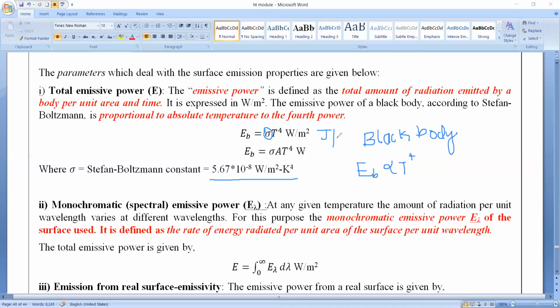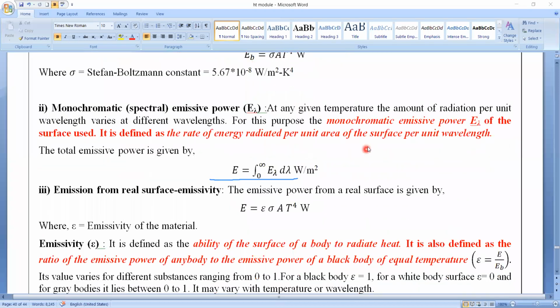Joules. Per unit area, that is meter square, and per unit time, that is seconds. Joules per second is watts. So watt per meter square is the unit for total emissive power. These are the very important basic things to learn for thermal radiations. Now let's move ahead.